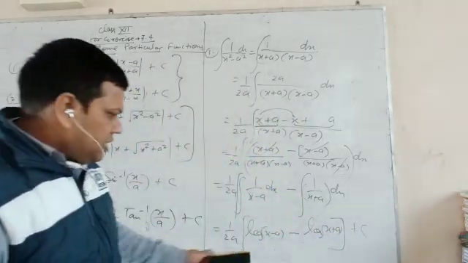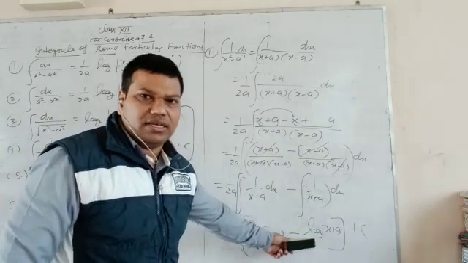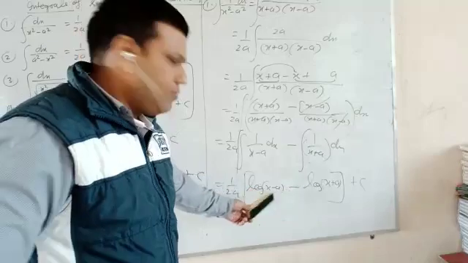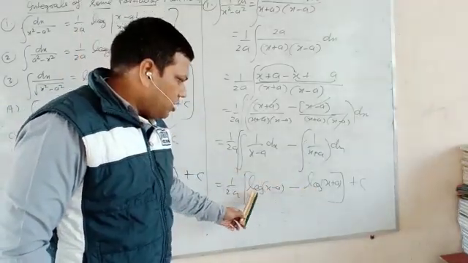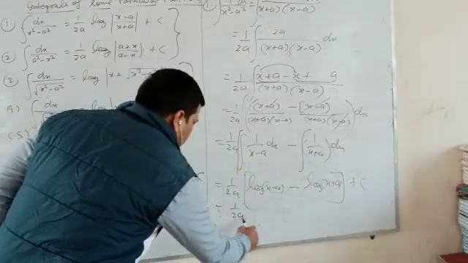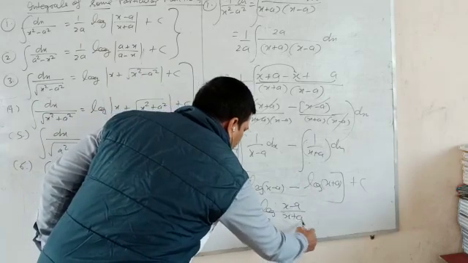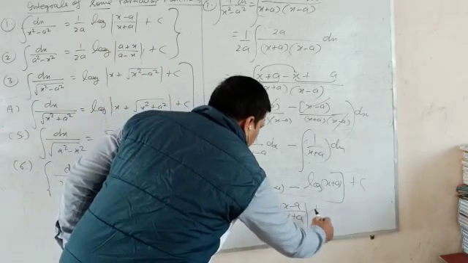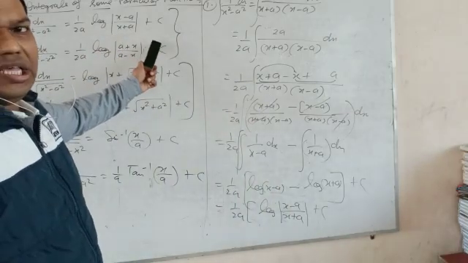Now we can write log a minus log b as log a upon b. So that will be 1 upon 2a log x minus a upon x plus a. This is the formula. I have already written that formula above.